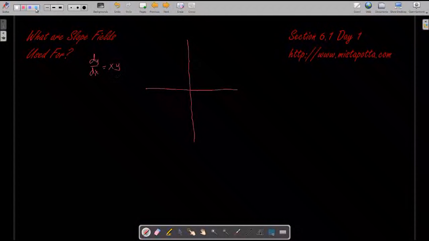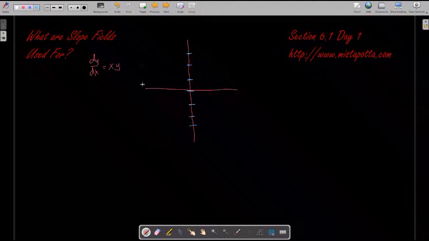If I wanted to take a look at the origin, I know 0 times 0 is 0. As a matter of fact, for any y equals 0, 0 times anything is going to give me 0. So for any point on the y-axis, my slope would be 0.